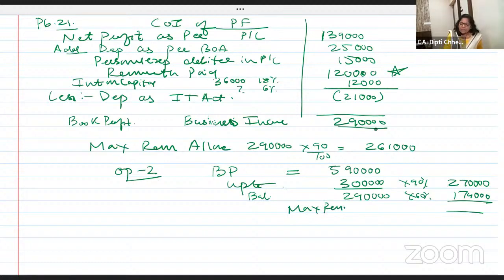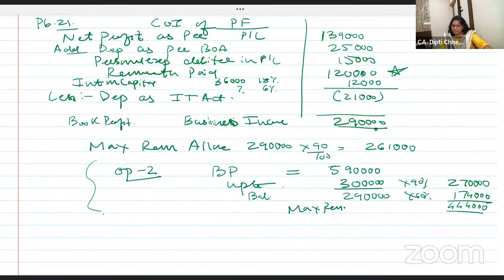I'll re-explain the last problem. No problem. अगर आपके पास प्रिंट आउट नहीं है तो वैसे भी समझ में नहीं आएगा. बूस्टर नोट्स तो लिखे हैं, फिर से भी देख लेना. बट आई एम ऑल्सो गोइंग टू रिपीट. पहले एग्जाम्पल 2 क्लियर है. Suppose after add and less your book profit is coming to 5,90,000. Up to first 3 lakh book profit, how much remuneration is allowed? 90%.